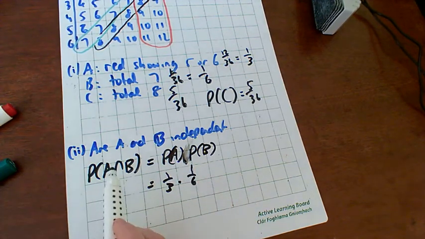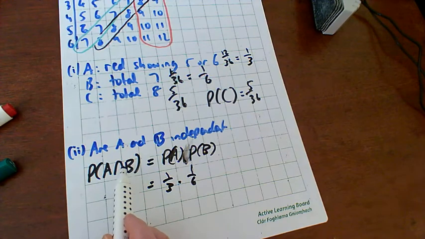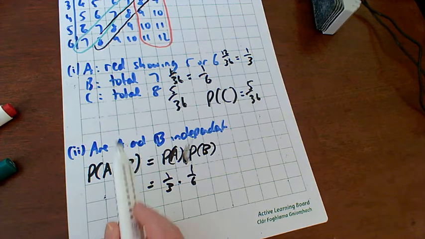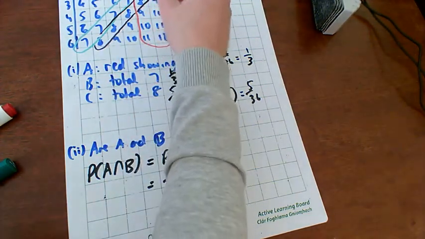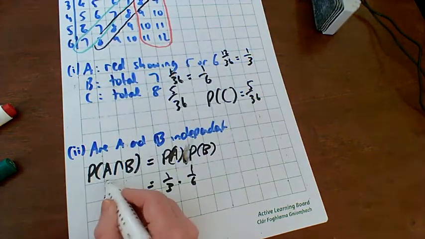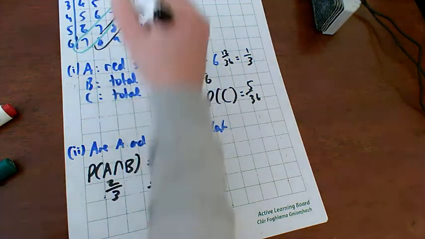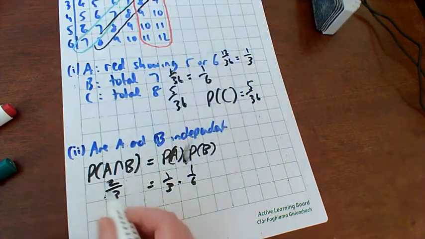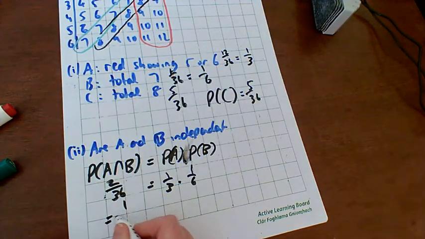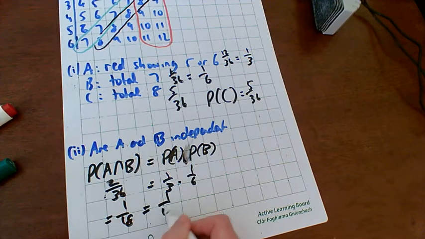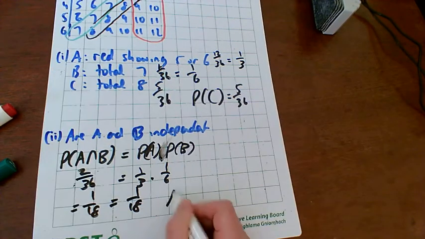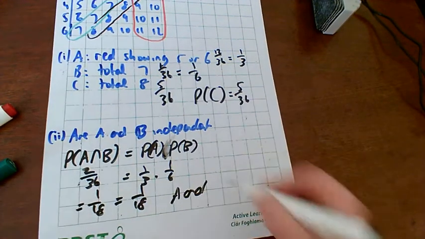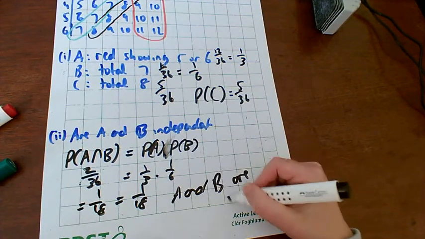So the probability of A intersection B, that's these two, is 2 out of 36. That's the only two that are common to both A and B. 2 out of 36, which is 1 over 18, which is equal to 1 over 18. Therefore, A and B are independent. They're equal.